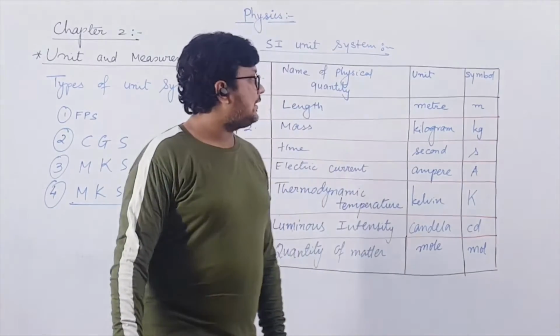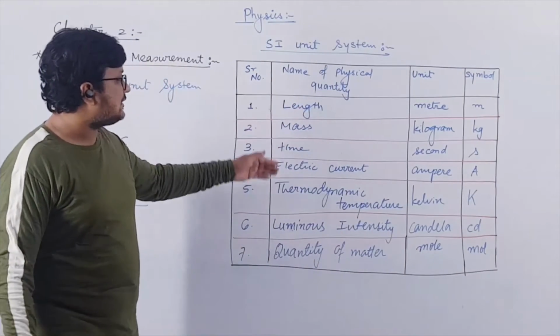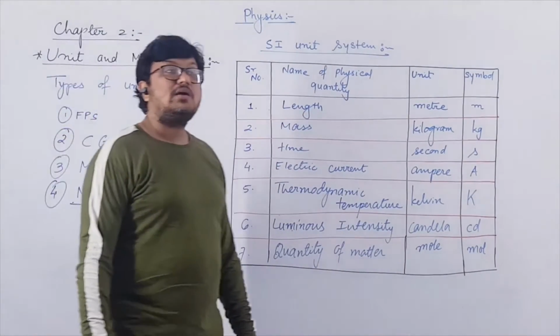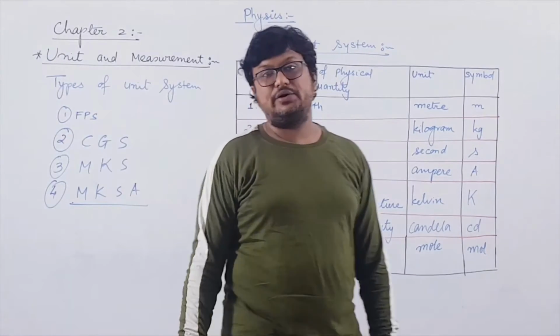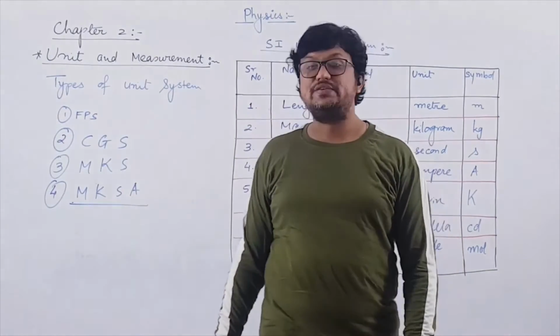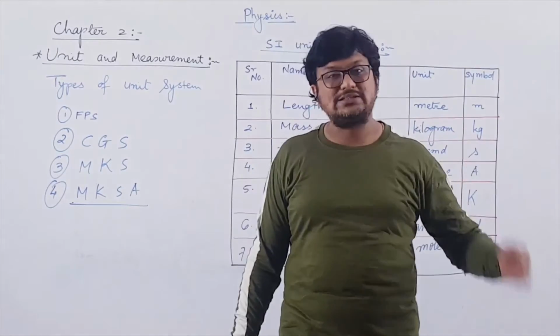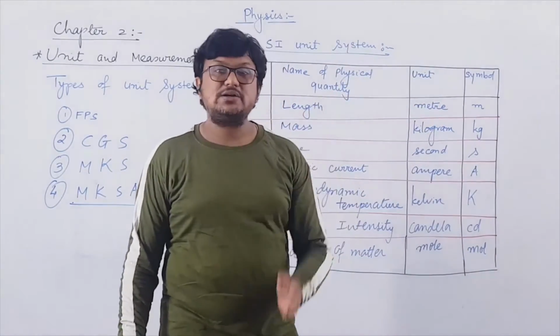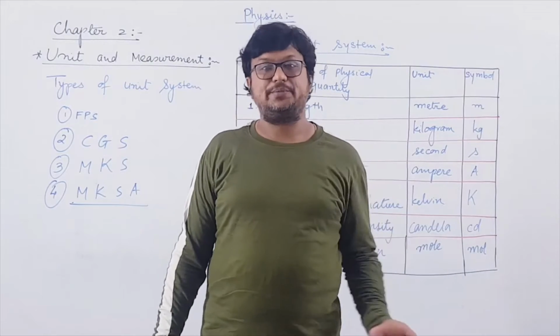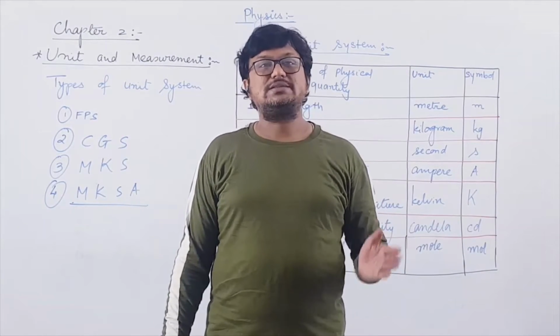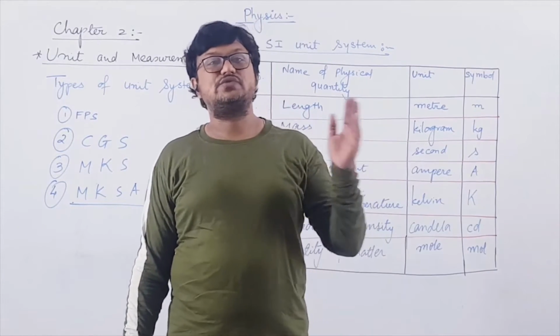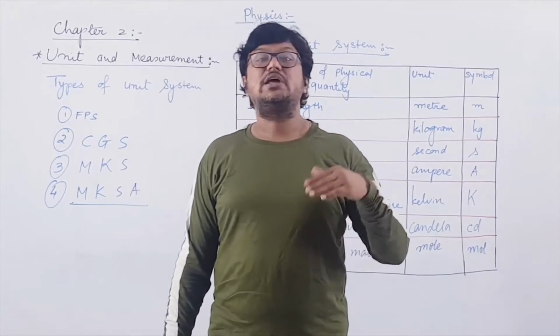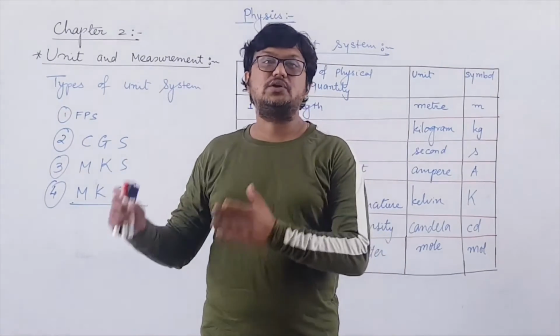So length, mass, time, electric current, etc. are our fundamental physical quantities. Their units are known as fundamental units or base units.